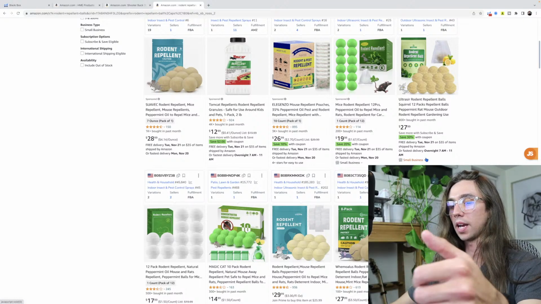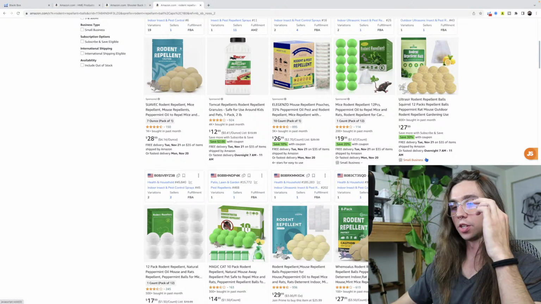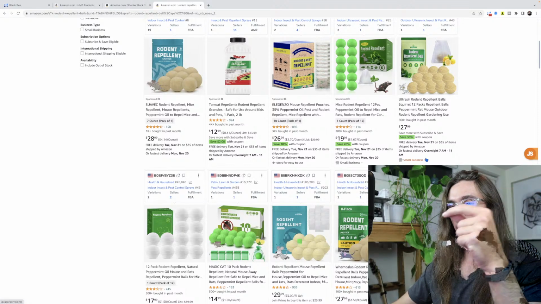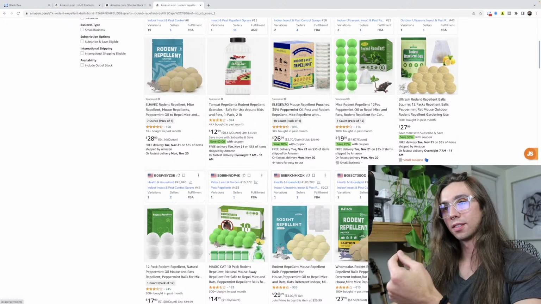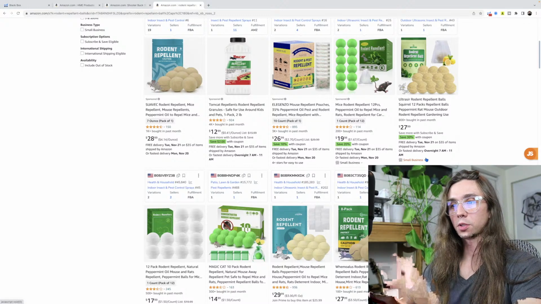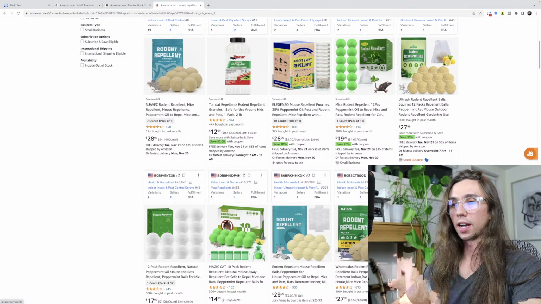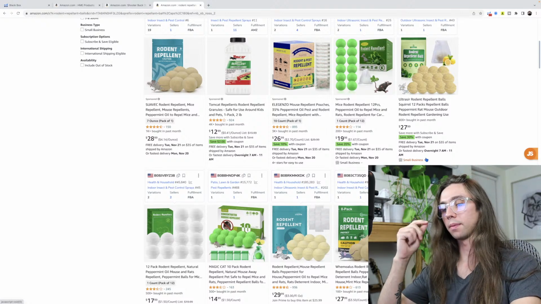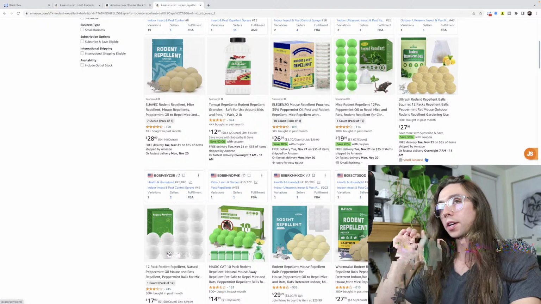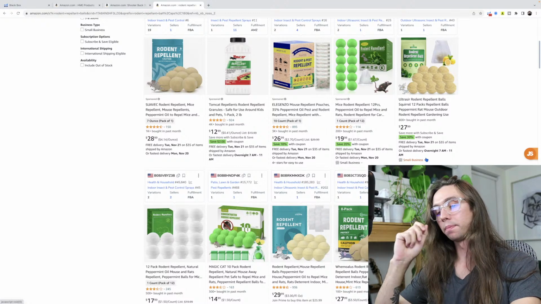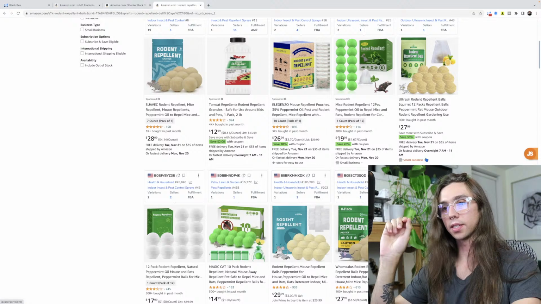So Alex Hormozi has this awesome value equation: dream outcome times the perceived likelihood of achievement, divided by time delay times effort and sacrifice. And the difference between that is the amount of value. I used to think that perceived likelihood of achievement had to be only social proof and reviews, but it's not the case.